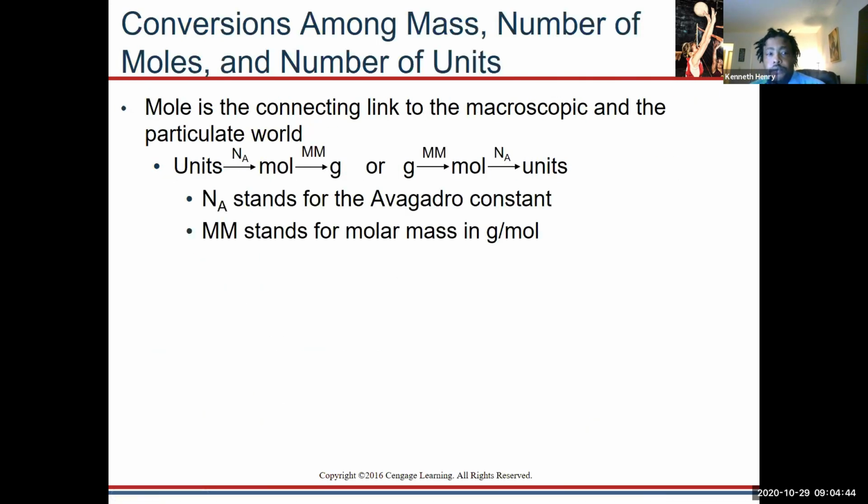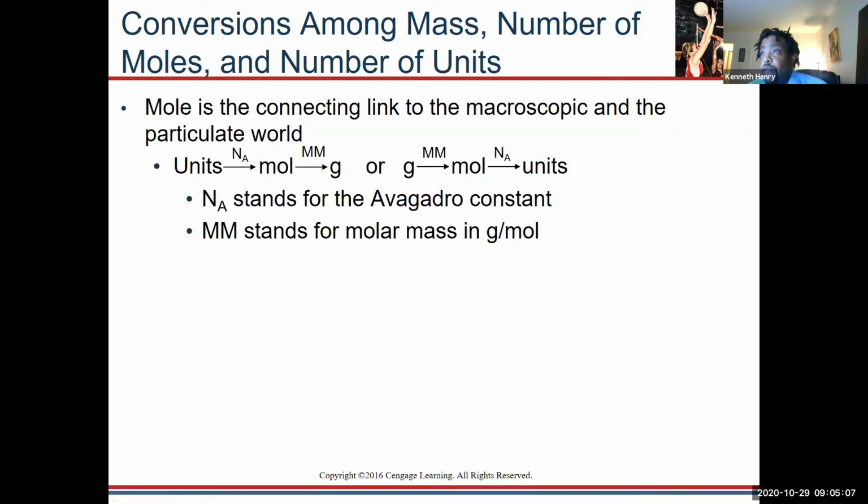Okay, so if you're given quantity or units, like we have 50 units of trinkets, that's going to be quantity. So if we want to go from quantity to moles, we're going to use Avogadro's number. That Na means Avogadro's number.